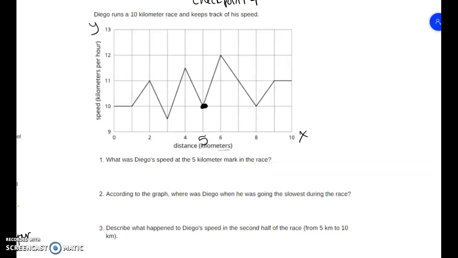And I can see his speed is 10 kilometers per hour. So the reason I know it's 10 is because I went straight over to my y-axis and saw that it was 10, and on the y-axis it says kilometers per hour. If you do not include the kilometers per hour, you will be marked off, and now you'll know why.